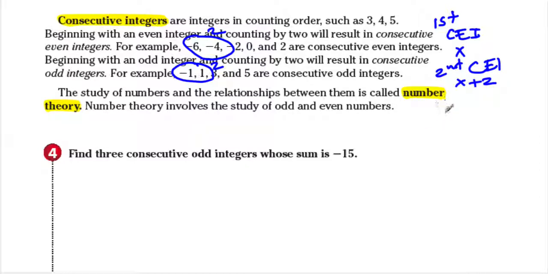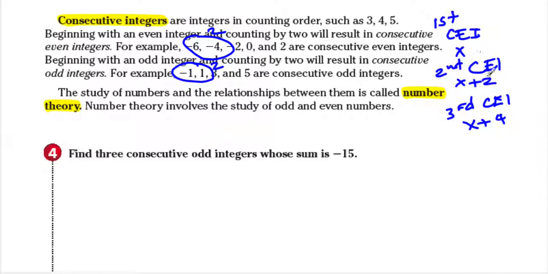Okay? And my third consecutive even integer would be x plus 4.